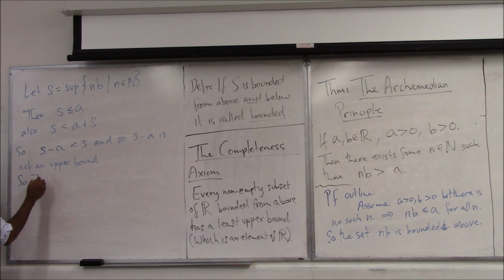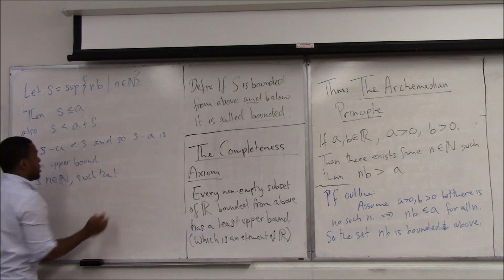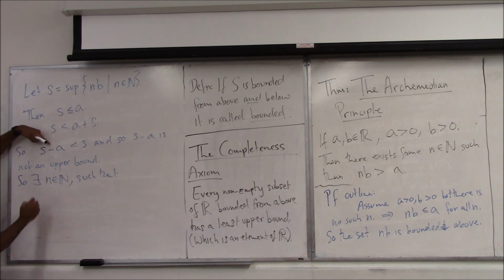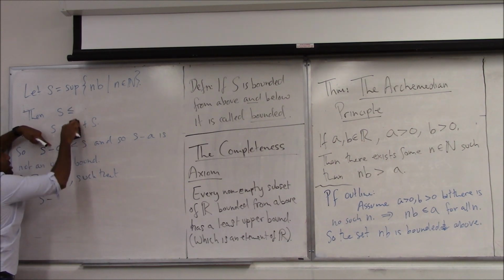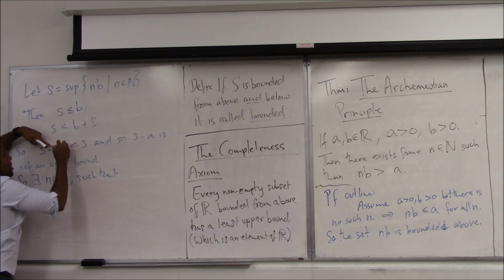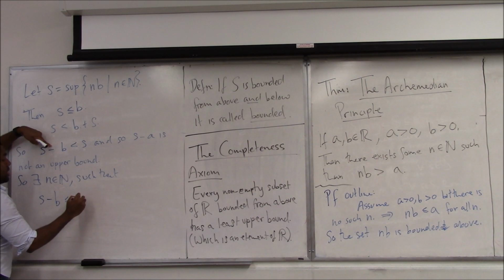So there exists some natural number n such that, if this is not an upper bound of that set, that means there is someone in this set that's larger than that. Okay, so here's where I was rushing. I'm going to call that b. I think now we should have it. Such that S minus b must be less than n times b.